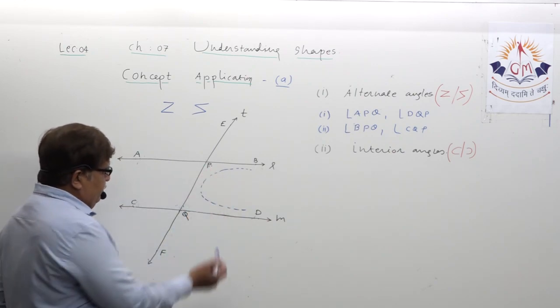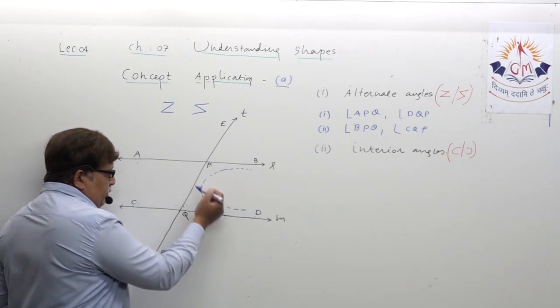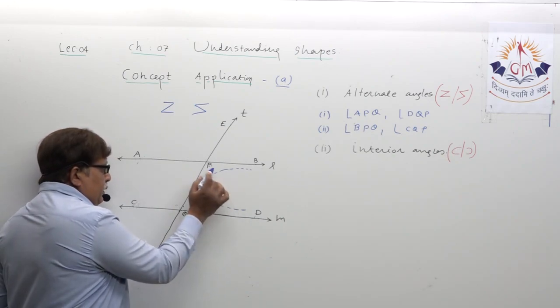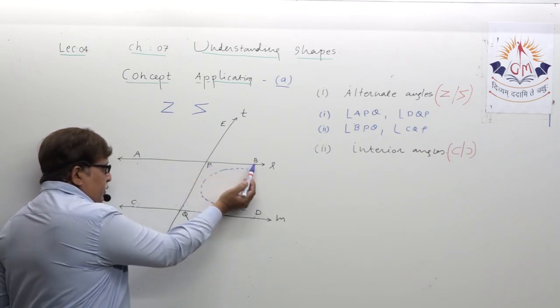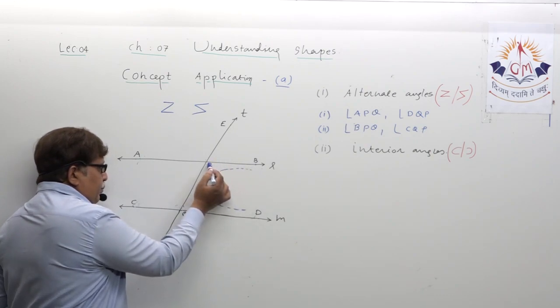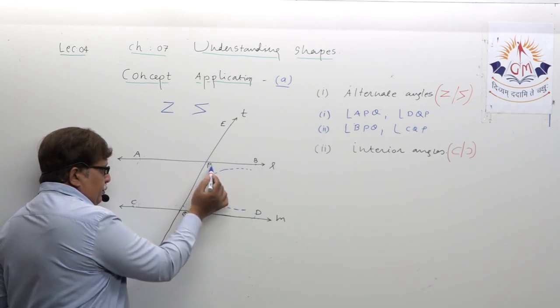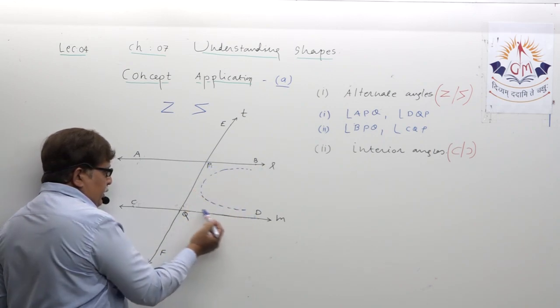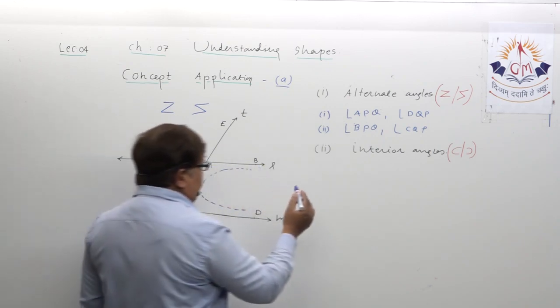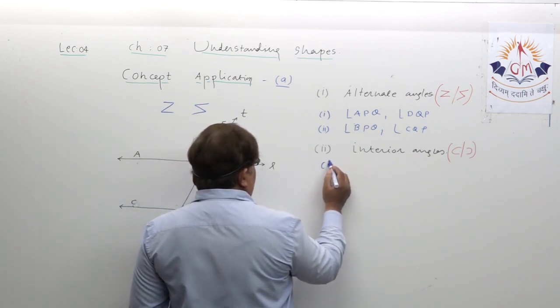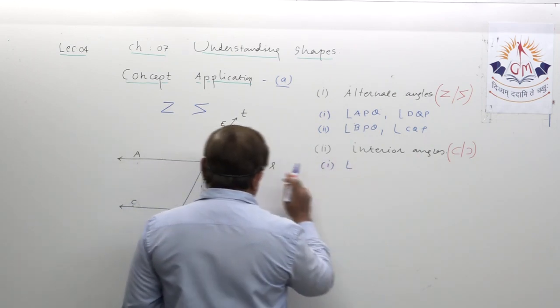These two angles are forming a C formation. Let me say this. Angle BPQ. Angle DQP. Let me write the first pair.